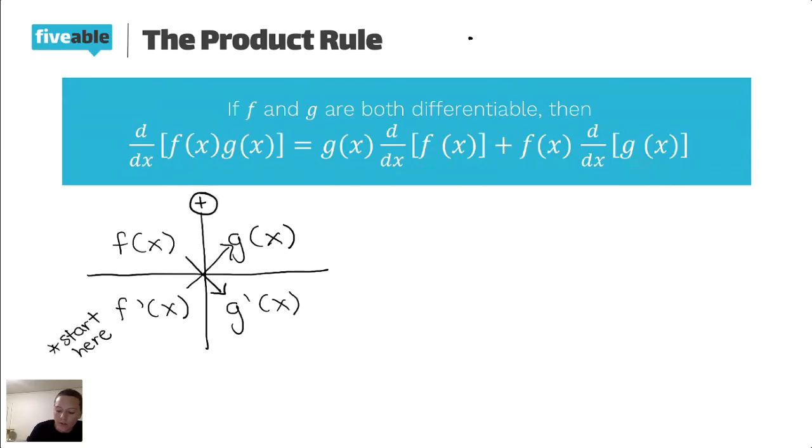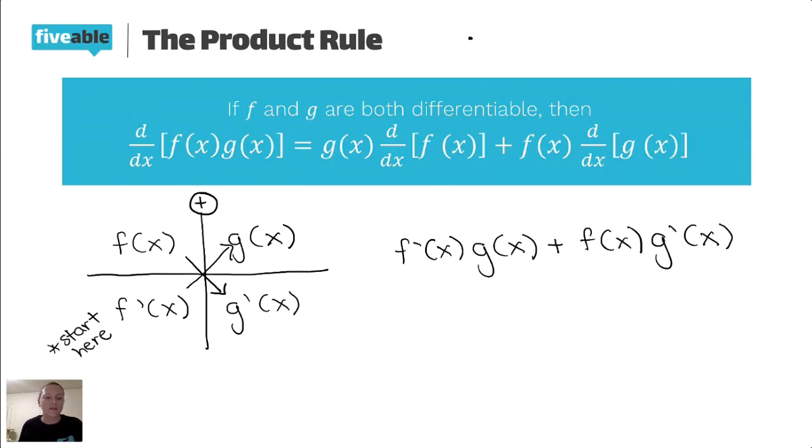So what this tells me is that my derivative is going to be starting in that bottom left-hand corner, f prime of x times g of x plus f of x times g prime of x. And that's exactly what that rule tells us above as well. But this gives us a nice, easy way to organize that information and keep track of it and not get overwhelmed in that process or that rule as we're working through it, okay?